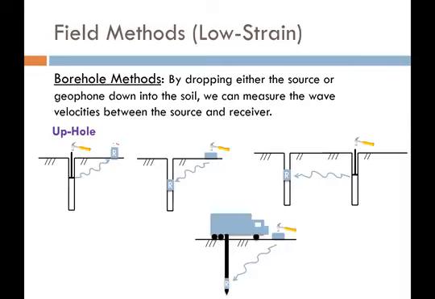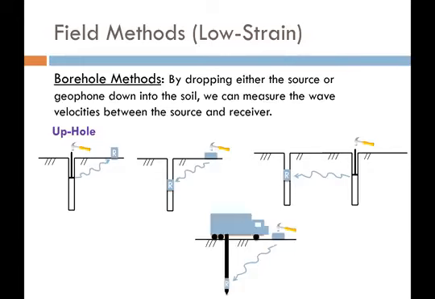And you're going to have a receiver some known distance from your borehole, and you're going to know the depth that you're down, from which you can compute the distance or the length from your borehole to your receiver, and so we can compute directly the propagation velocities that way.